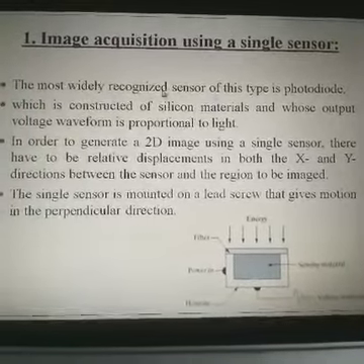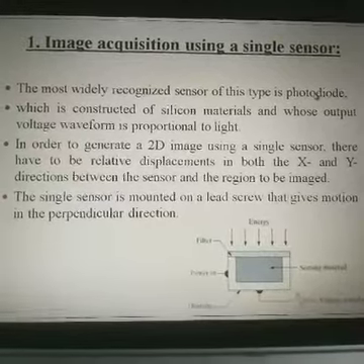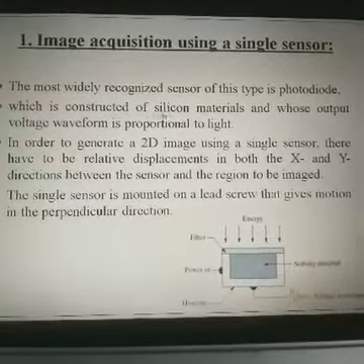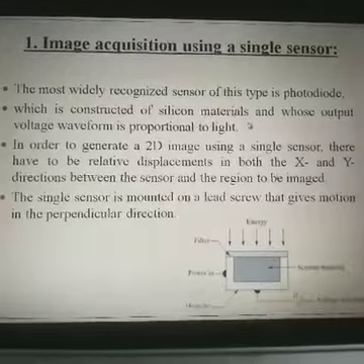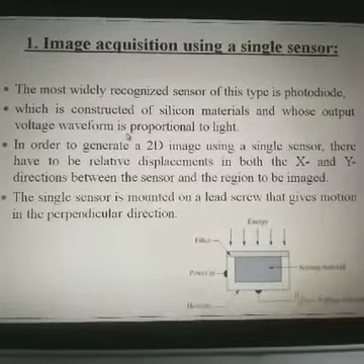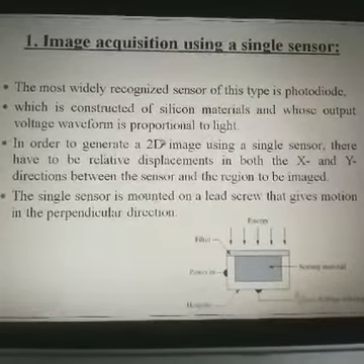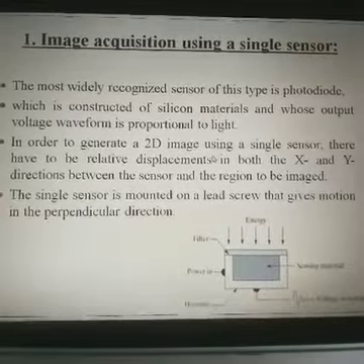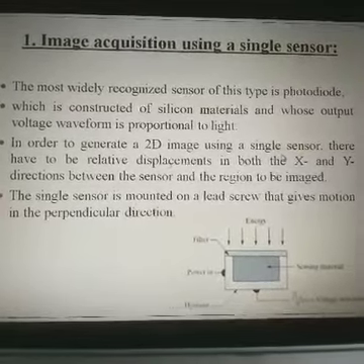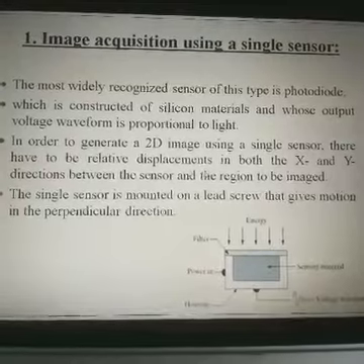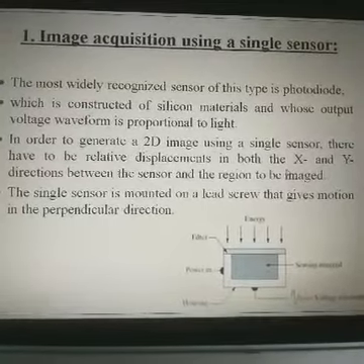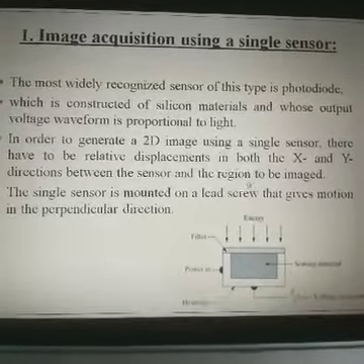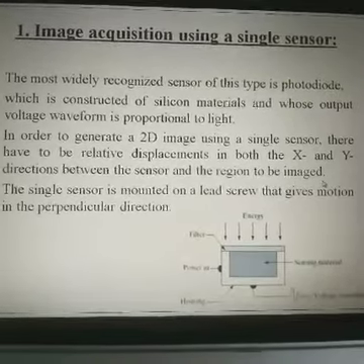The most widely recognized sensor of this type is the photodiode, which is constructed of silicon material and whose output voltage waveform is proportional to light. In order to generate a two-dimensional image using a single sensor, there has to be relative displacement in both the x and y directions between the sensor and the region of the image to be imaged.